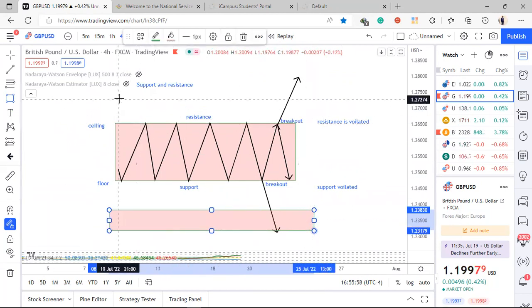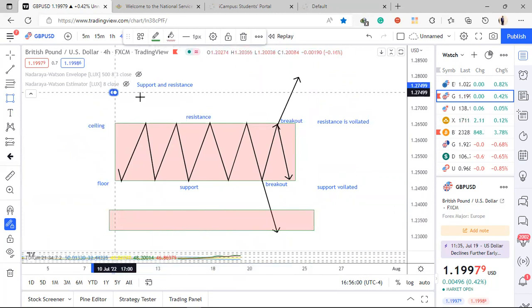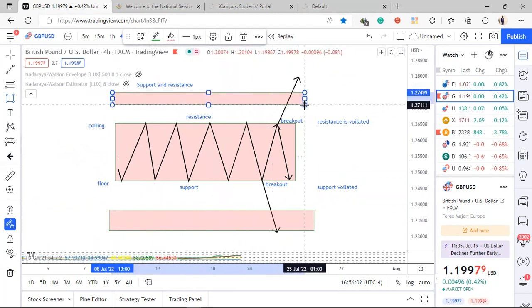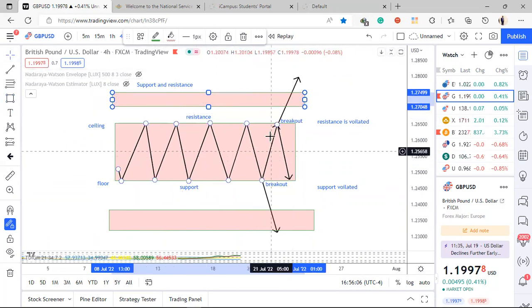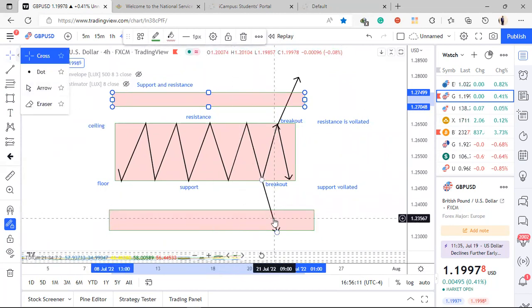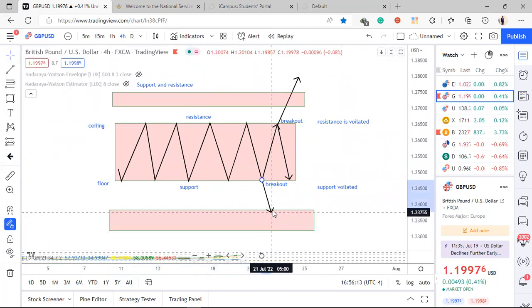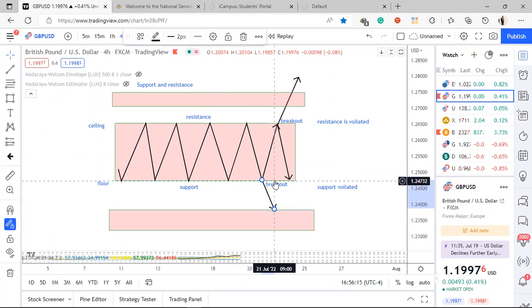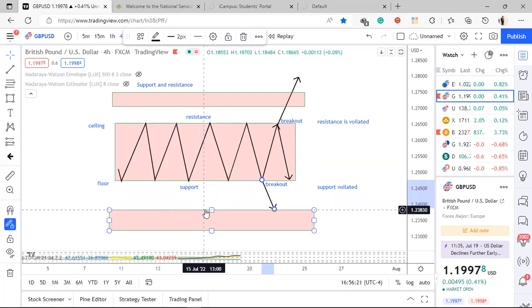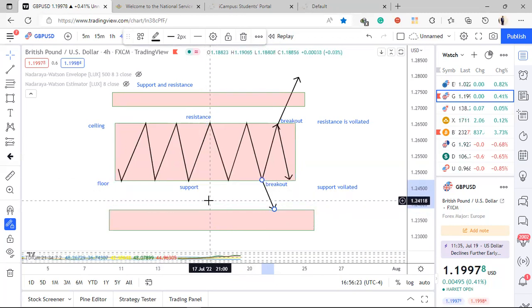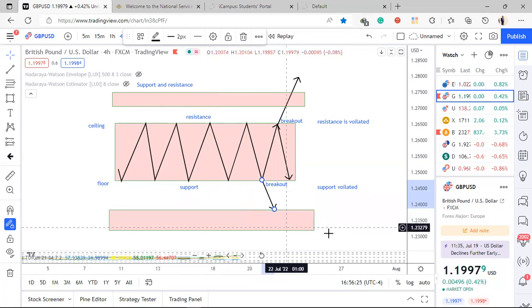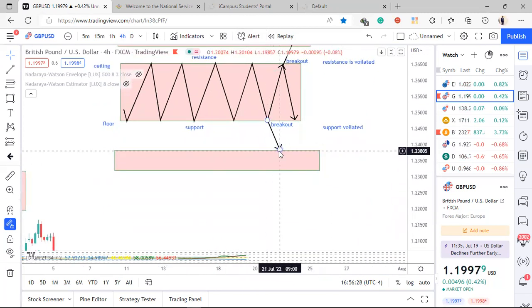So the moment there is a breakout here, it means that this floor no longer holds. You are going to land on another floor. Until you land on a strong floor, you will continue going down.